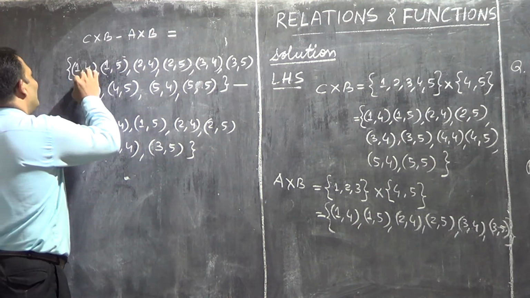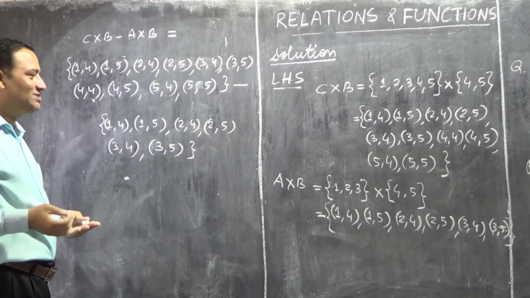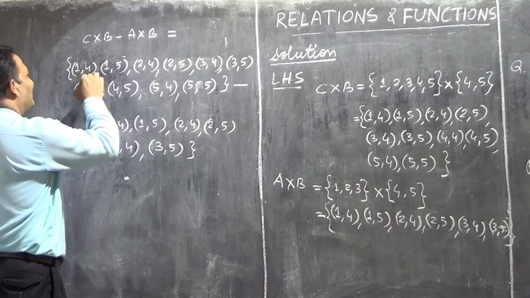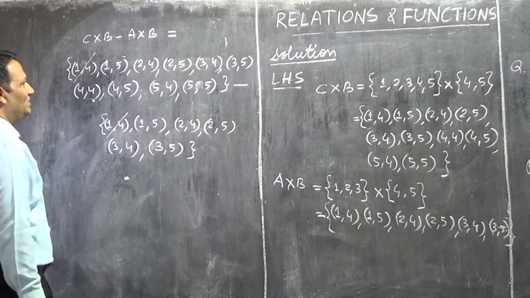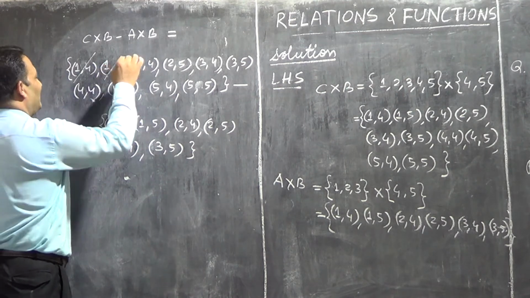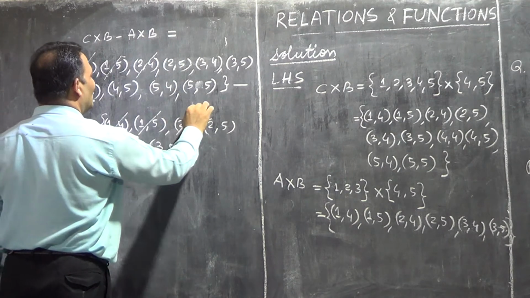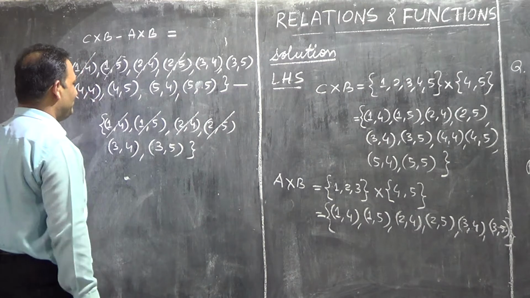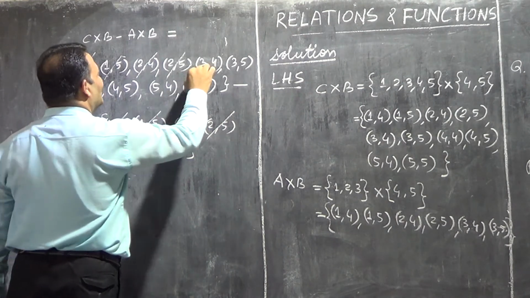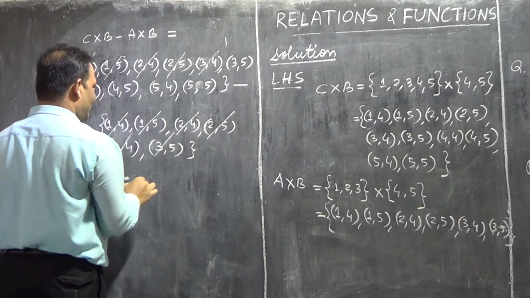There is no need to cancel by drawing lines, in the mind also you can think, but to make things clearer, I am drawing lines. 1, 4 and 1, 4; 1, 5 and 1, 5; 2, 4 and 2, 4; 2, 5 and 2, 5; 3, 4 and 3, 4; 3, 5 and 3, 5.